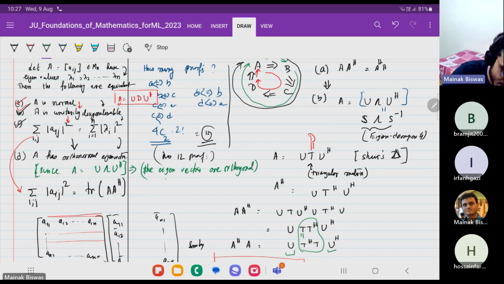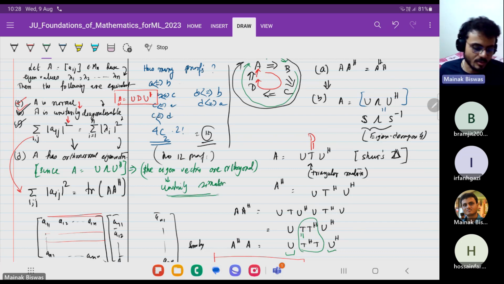Yes or no? Because we have had orthogonal diagonalizability. Because they are orthogonally similar or unitarily similar, right? From unitarily similar, you can show this, right? Yes or no?